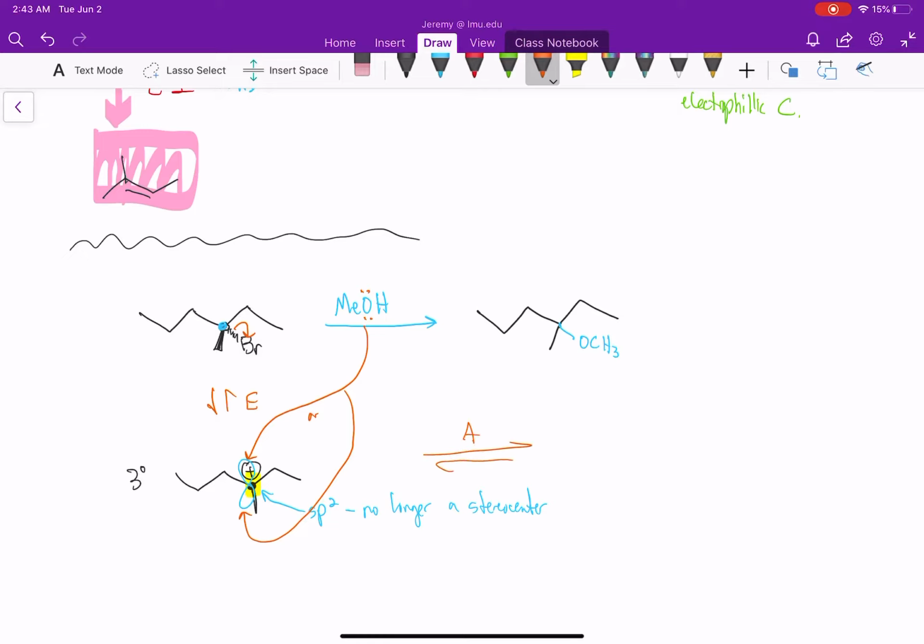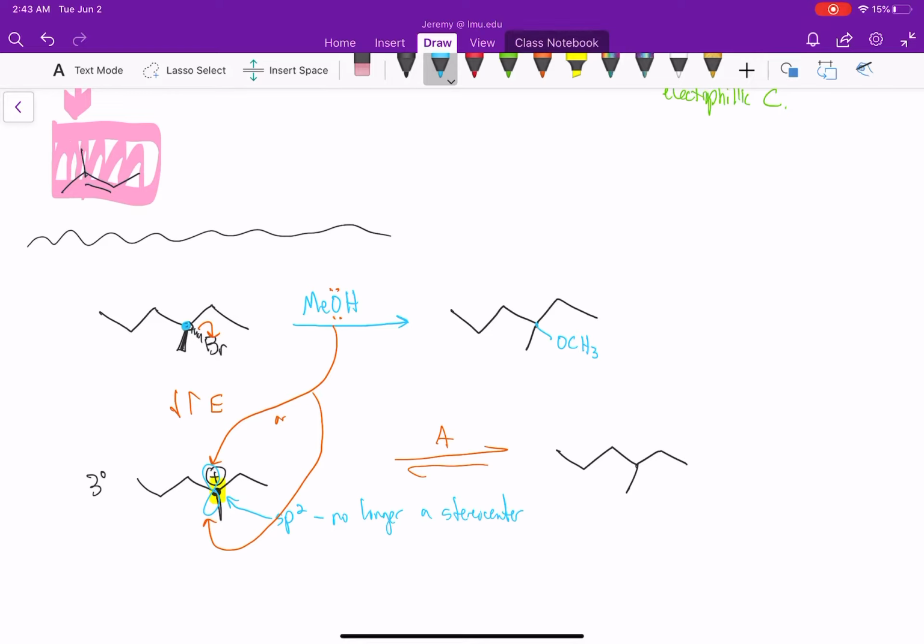So when our nucleophile attacks, we can equally attack from the top or the bottom, which means we no longer have a dash or a wedge. While this is a stereocenter, we've lost the identity of it.